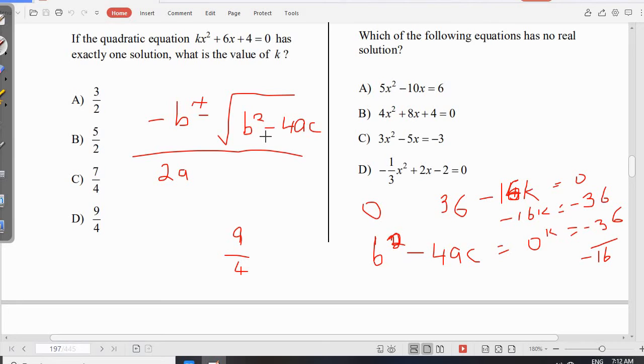Now we have said that because if there was any other thing in here, even if it's negative, you'll be having a complex root. I told you about that yesterday. If b squared minus 4ac gives you something negative, it will be a complex root, because the square root of a negative number is not allowed.